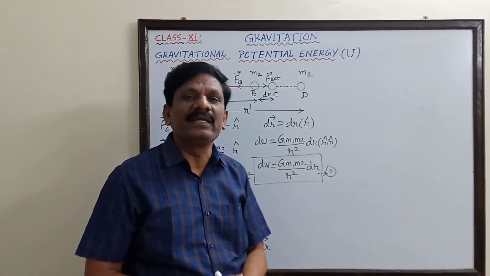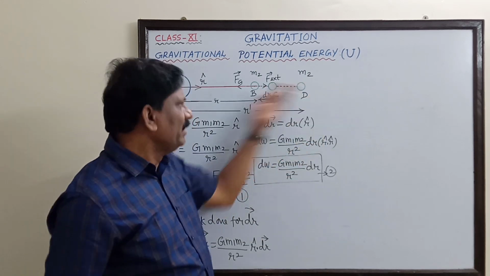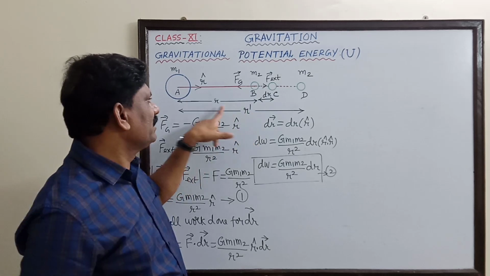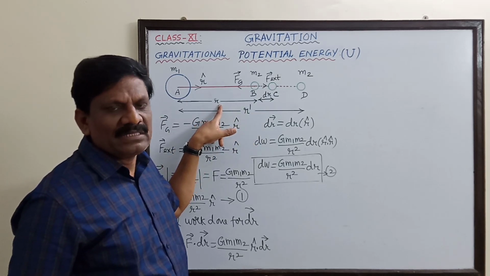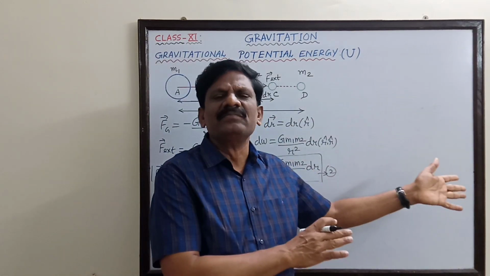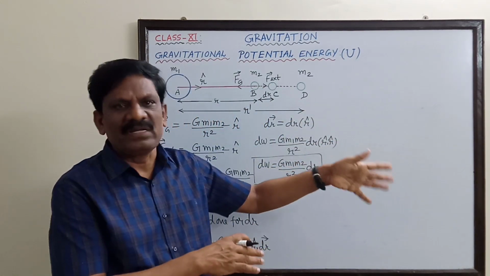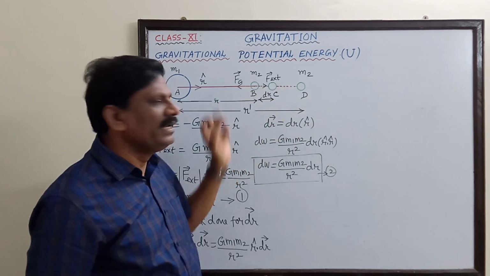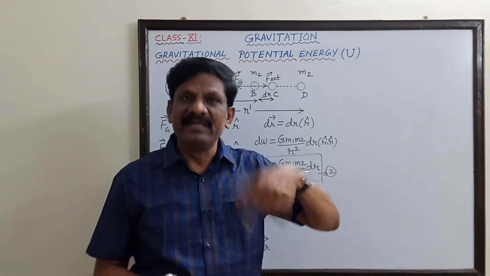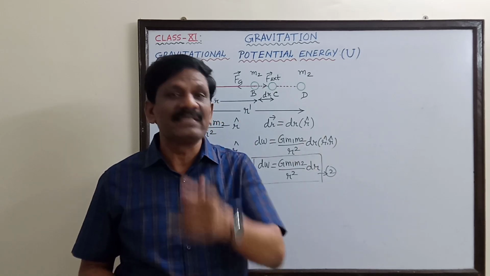Suppose you take this work done from D to B, then the lower limit is r dash and the upper limit will be r. If you push from B to D, work must be done on the system and the work done is positive. If it is moved from D to B, the work is done by the system by spending its own energy and hence the work done is negative.